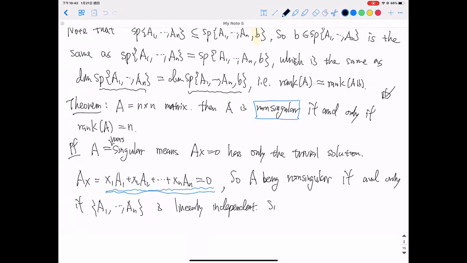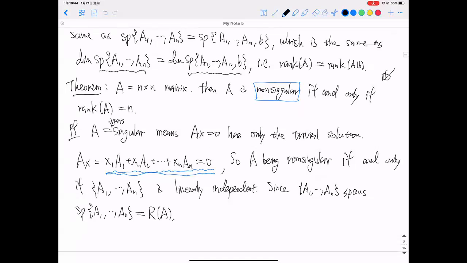Now, the columns A1 through AN of A span, but its span has a different name, the range of A. So the columns A1 through AN are a spanning set of the range, but also linearly independent, so it's a basis.